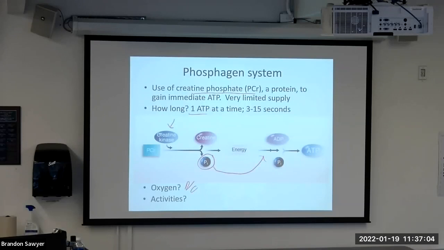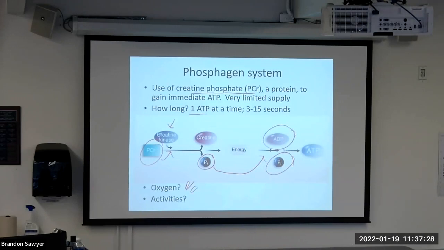Yeah, and the thing that stimulates this whole system, because in your muscle cells you've got a bunch of this PCr, right? The creatine with the phosphate bound to it. You've got that ready to go. The thing that gets it to start going through this process is the presence of broken down ATP. Right? So you've got a bunch of stored ATP in your muscle cells. You've got a bunch of stored creatine phosphate in your muscle cells.